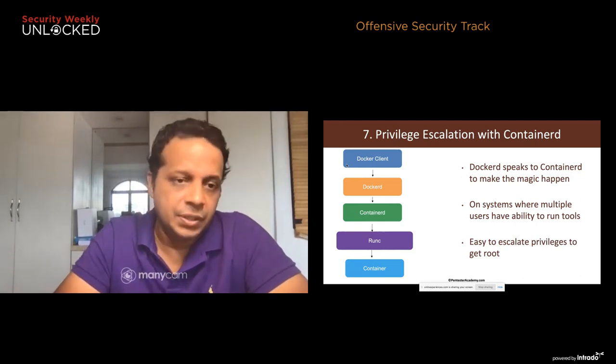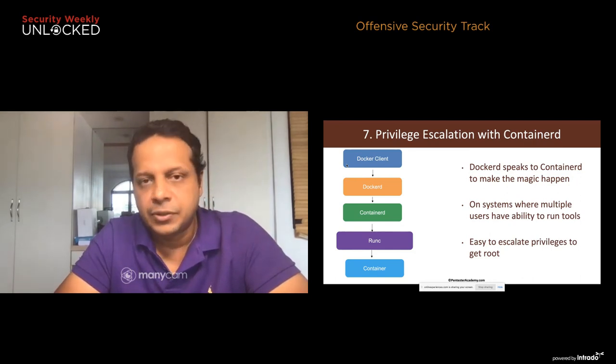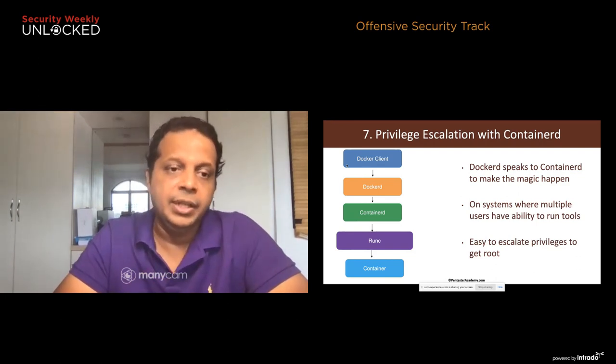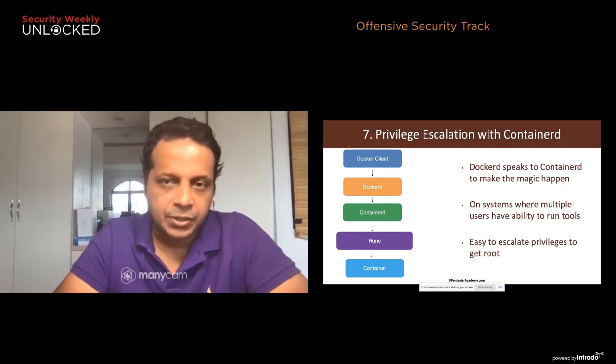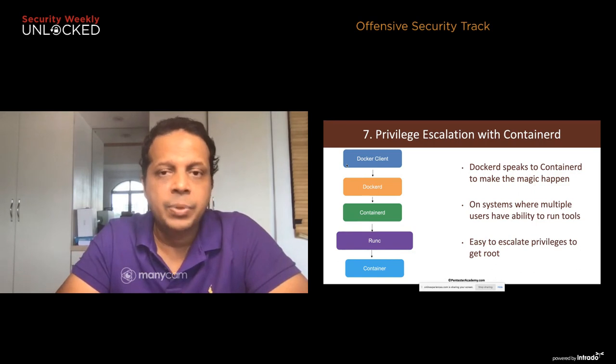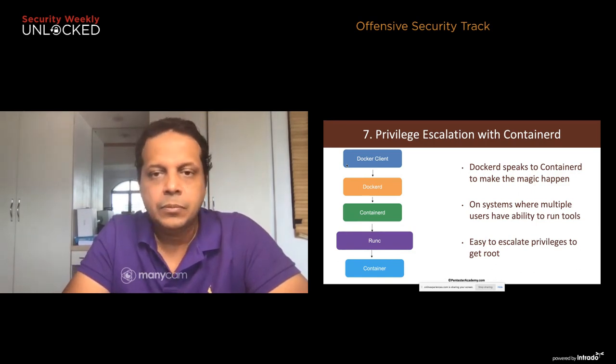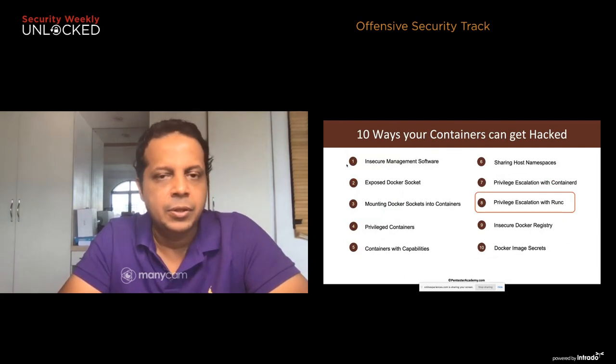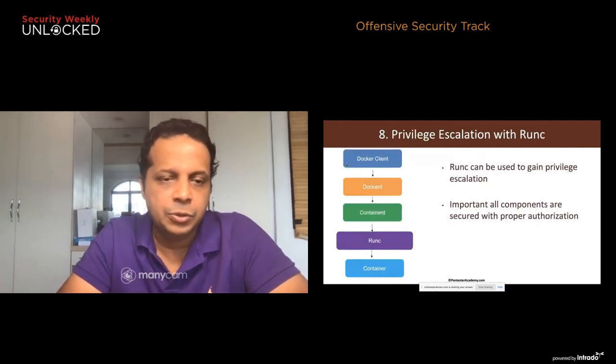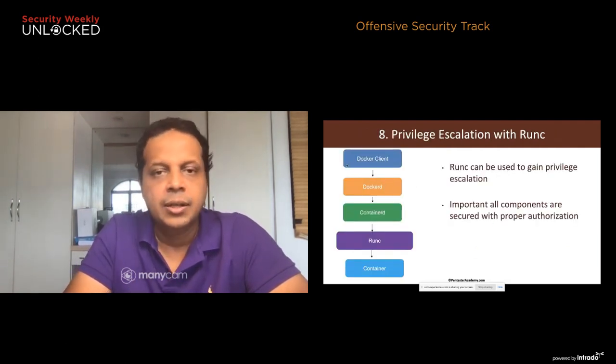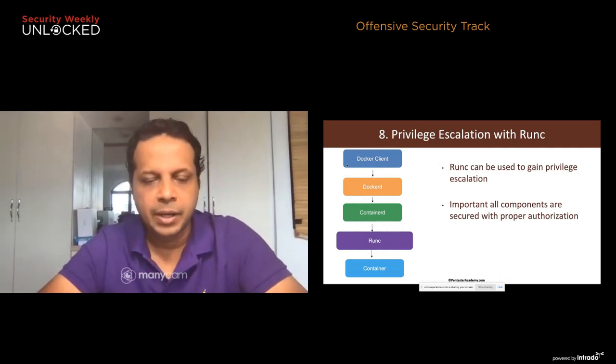If on a system you have containerd or runc available and not sufficiently protected, then a regular user could leverage containerd and runc to do a privilege escalation attack. I'm going to take both of these examples together. As I mentioned, you can use either one of these to do an escalation attack. So let's look at a demo.